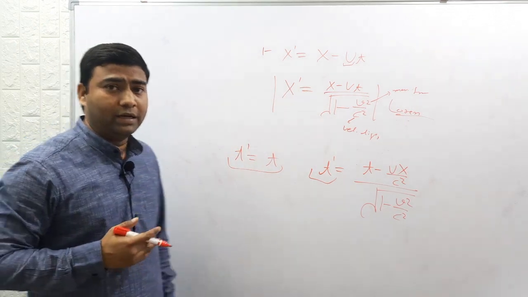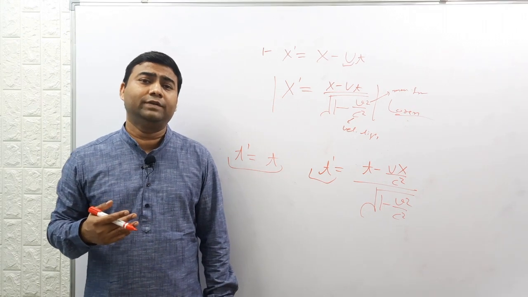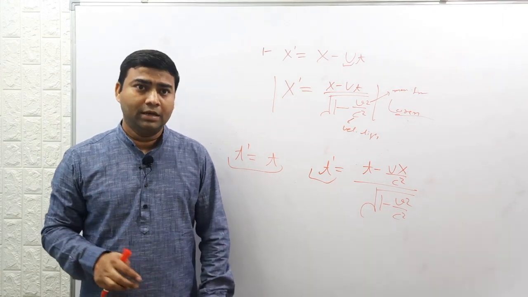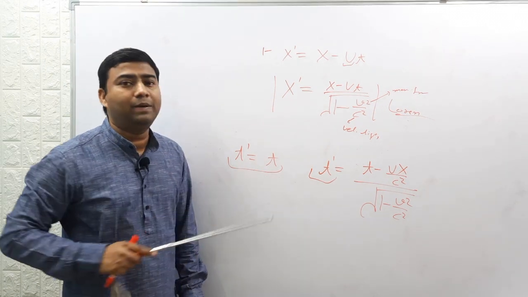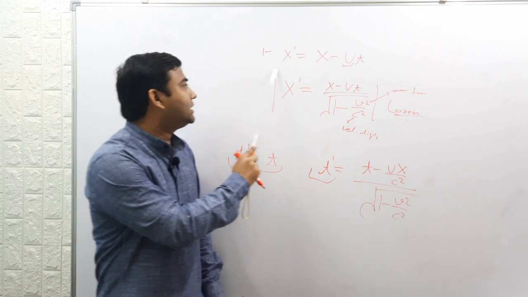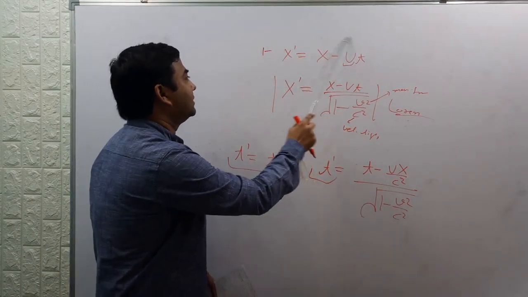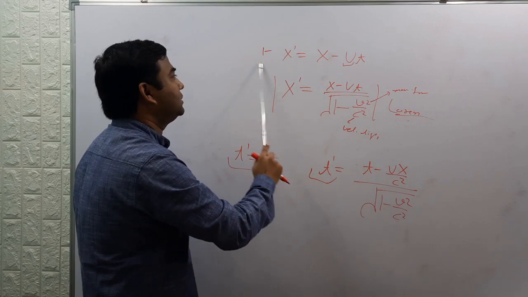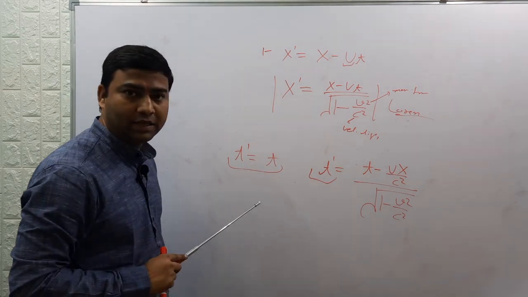Time dilation and length contraction are two phenomena observed for frames moving with relativistic velocities, and these expressions are derived by Lorentz transformation, whereas in Galilean transformation coordinates are expressed by this equation, and in both reference frames time is the same.